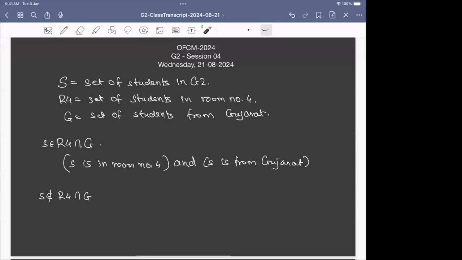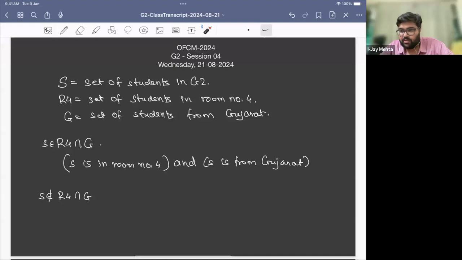Some disturbances there. Who else is unmuted? Rupali. So those who are in this set, okay, those who are not in this, click yes. Those who are not in the set. Room number 5, Krishna.